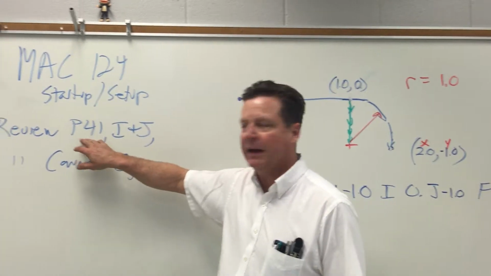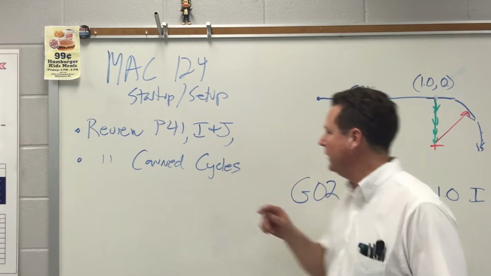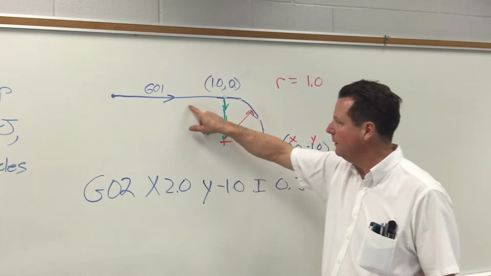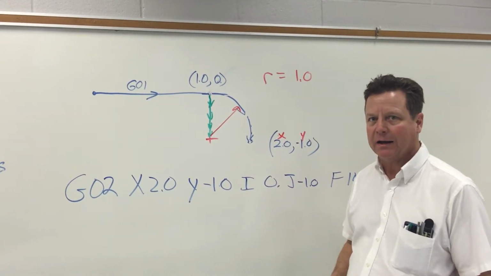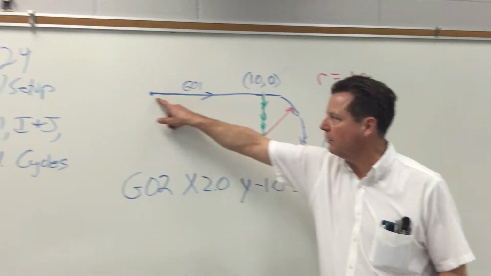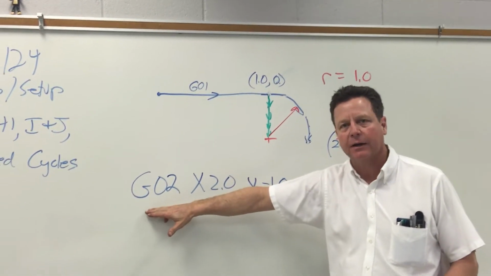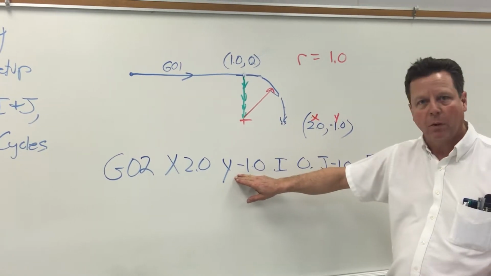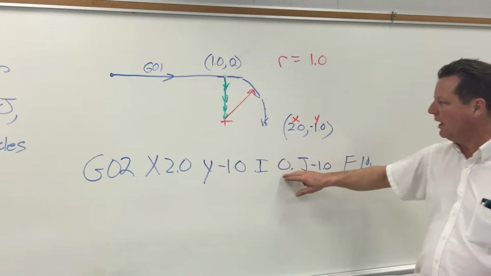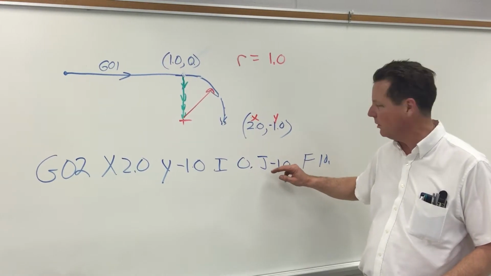We reviewed page 41 in your Haas programming manual and went over again how to program I and J. We had a straight line movement to this place, and then we programmed this line of code: G02, X and Y endpoint, I and J vectors to the swing point from the start point.